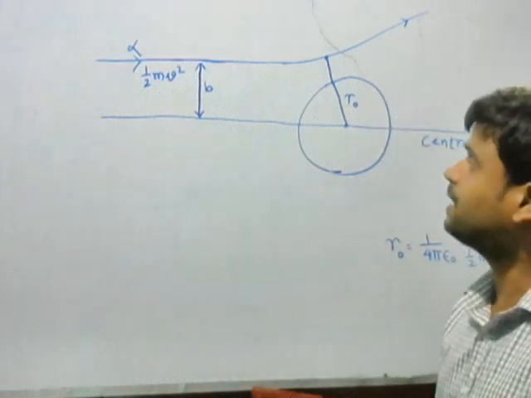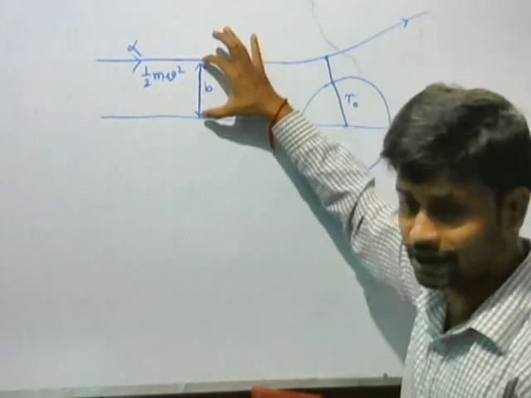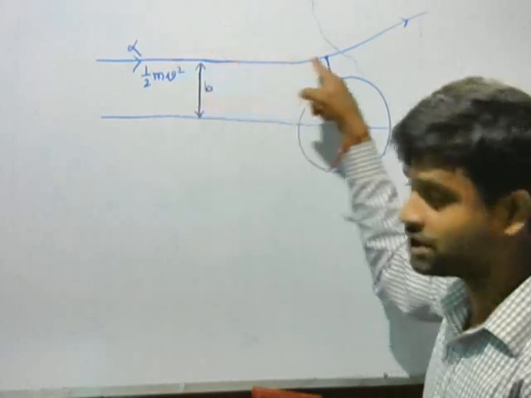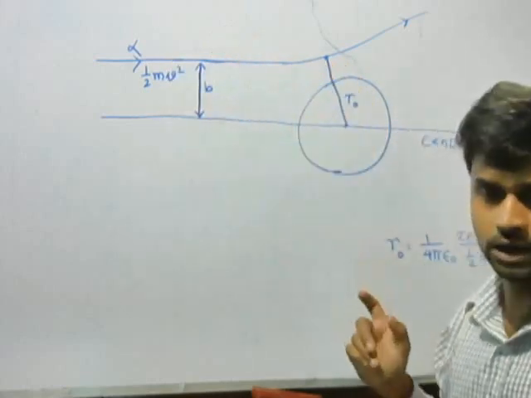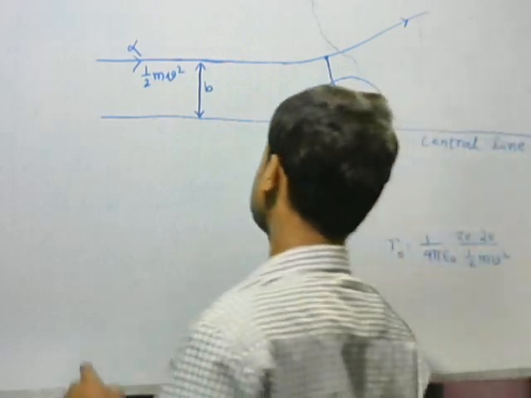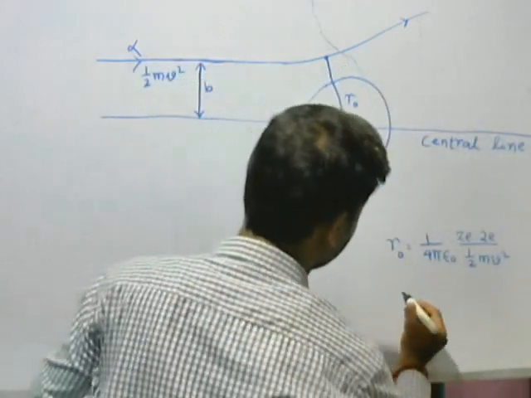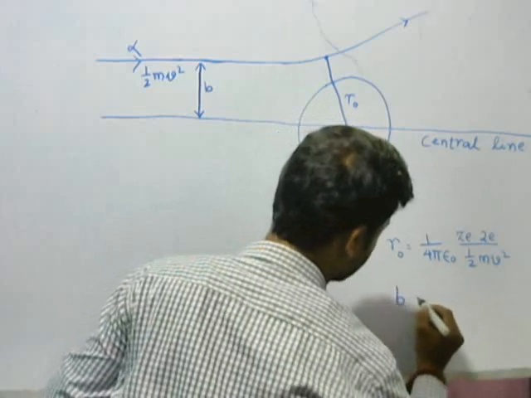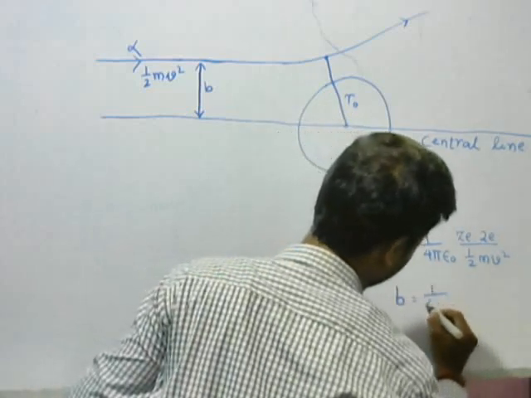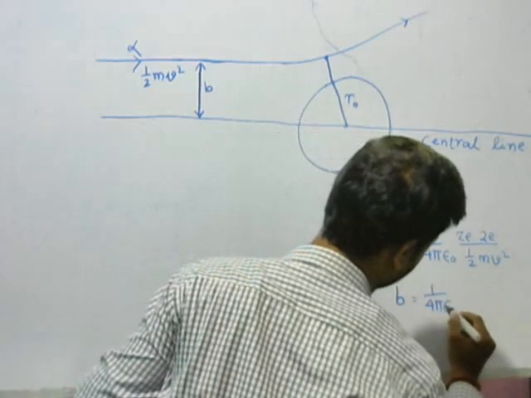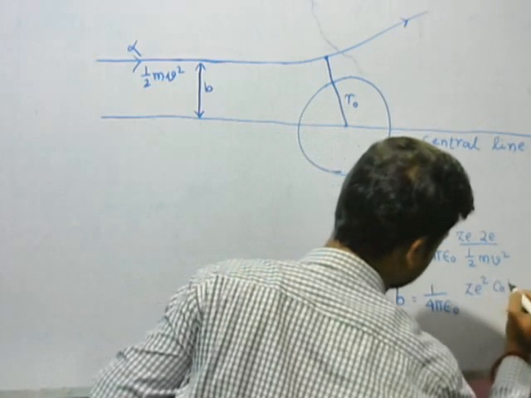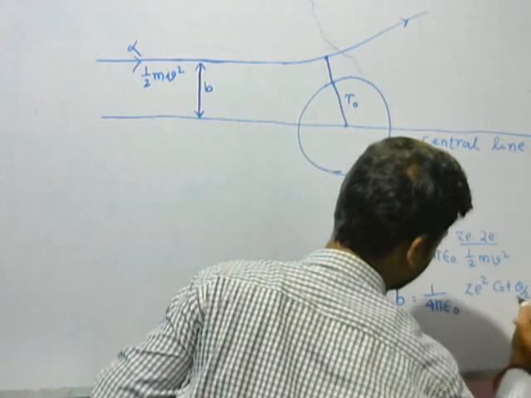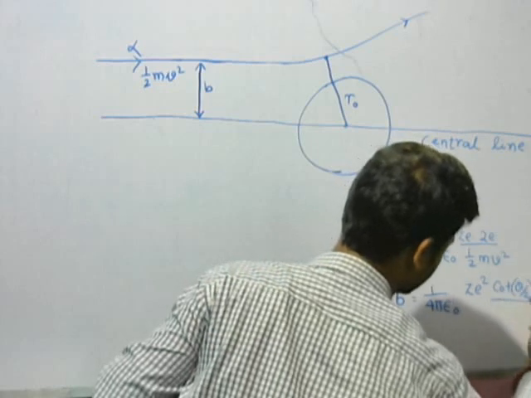So impact parameter is the perpendicular distance between the velocity vector of the alpha particle and the central line of the nucleus. And the mathematical expression for impact parameter b can be written as 1 by 4 pi epsilon 0 Ze square cot theta by 2 divided by half mv square.